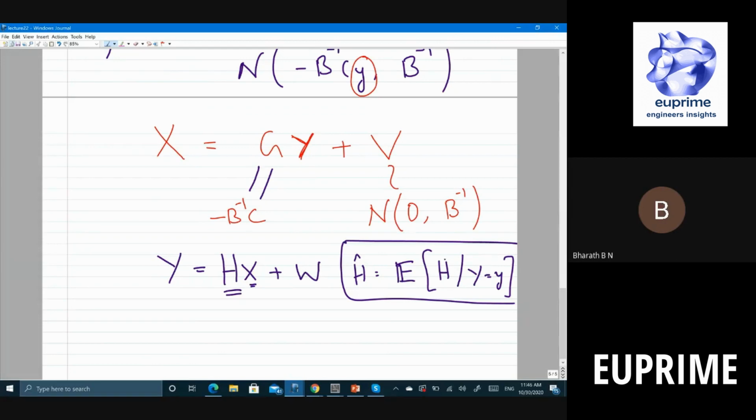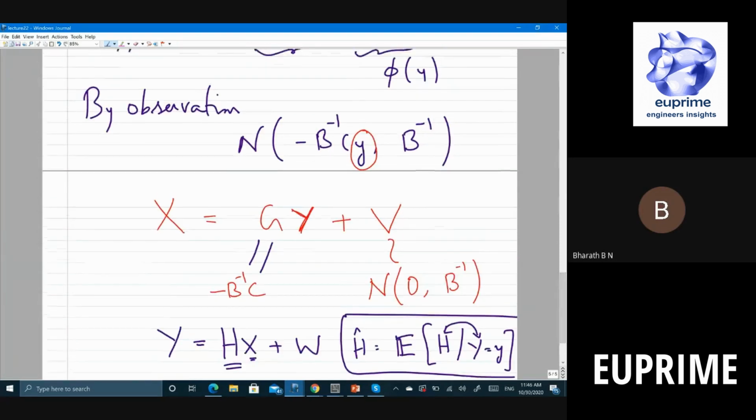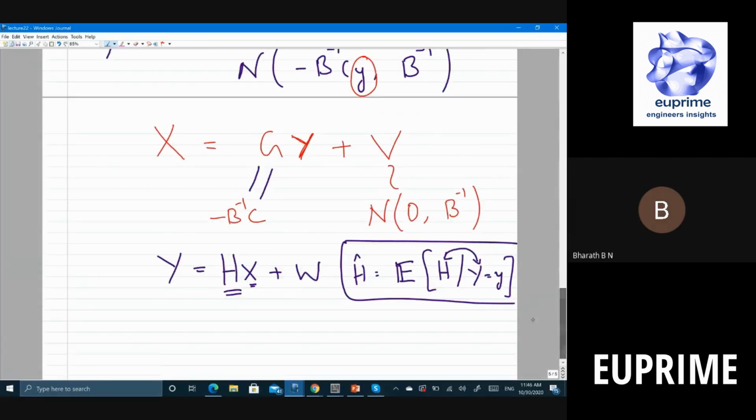So now if I know the joint distribution of h and y, which turned out to be Gaussian with certain covariance, then h given y, the conditional distribution, will also be Gaussian with certain mean and covariance, which can be found using these expressions. And the expected value of that is a term like B inverse Cy.